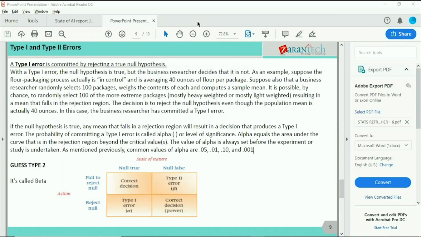Each one of you, please give an example of a type 1 error. These might seem simple, but eventually this is the thing that will confuse you the most. So please.